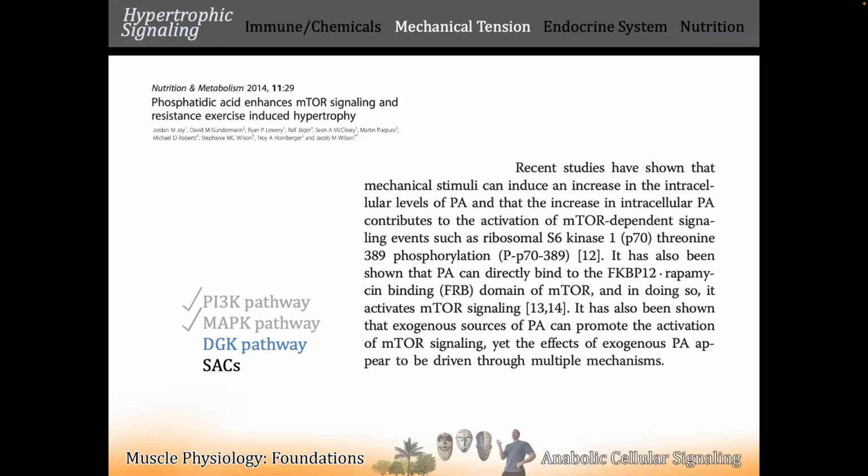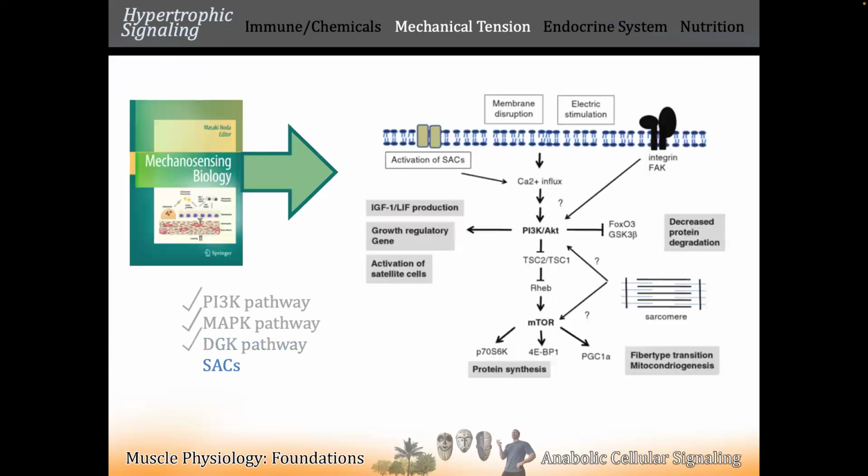But a question, does the same thing happen with oral phosphatidic acid supplementation? Because you can take it orally, you can take it exogenously. And does that do the exact same thing as endogenous mechanically stimulated? We'll get to that, not today, but when we get to the practical application section, we'll talk all about that.